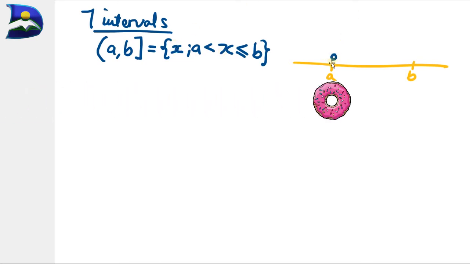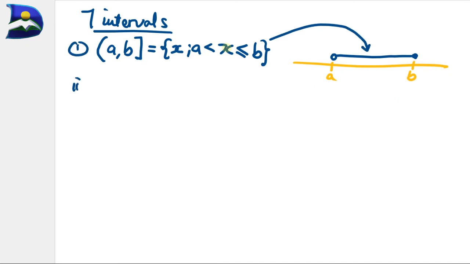So we have our circle with a hole in there, while where X is less than or equal to B, that is an endpoint because B is included. And so this region here is true for this particular expression. So this is number 1.